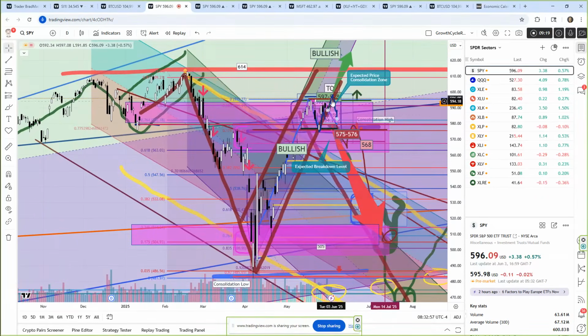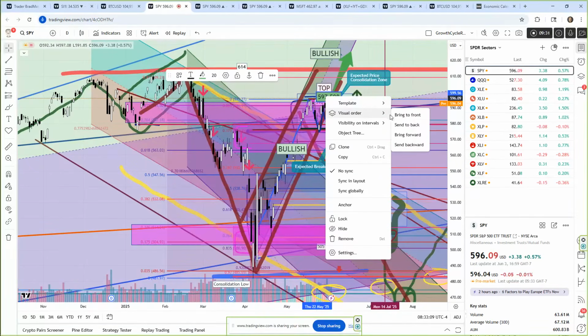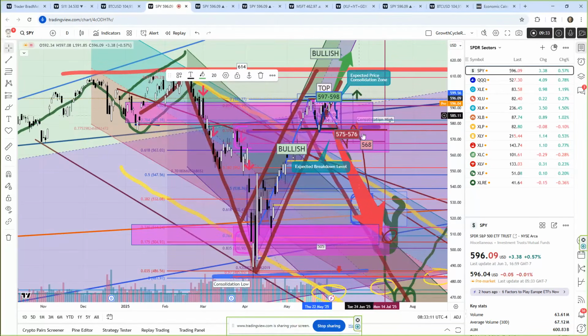Until we get that breakdown, we're generally bullish, should be looking for upward trends, and we're looking for a potential top in the 597 to 598 area. And if we get the breakdown below 575, 576, then we are short, looking for a downtrend. That's a fairly sufficient breakdown to indicate a downward trend is starting to take place.